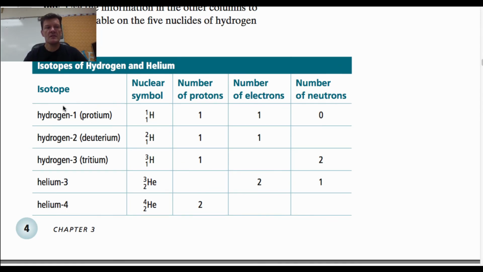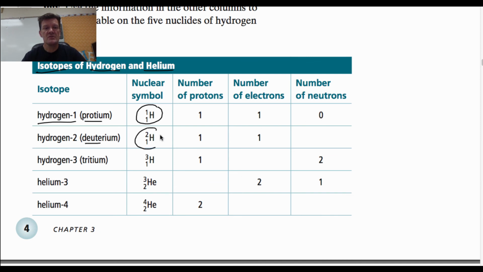Okay, so here are isotopes of hydrogen and helium. We should be able to fill in this table very quickly. You can do it with me. In fact, you can pause this and try to fill it in on your own and then come back and check. Hydrogen 1, or protium, here's the nuclear symbol. It has 1 proton, 1 electron if it's a neutral atom, 0 neutrons. Hydrogen 2, deuterium.